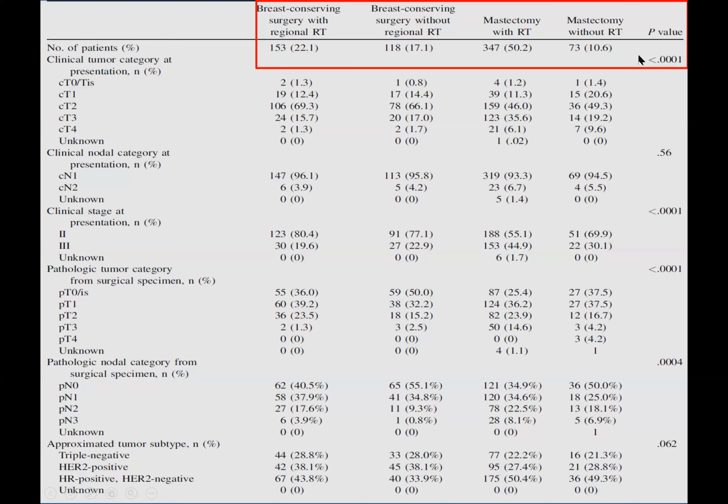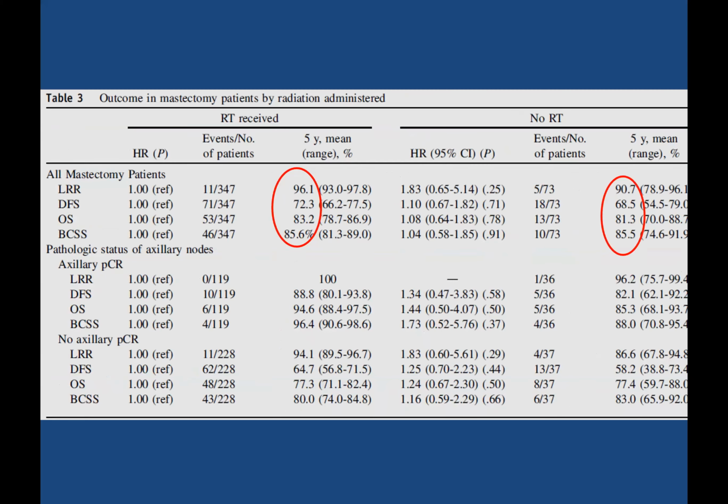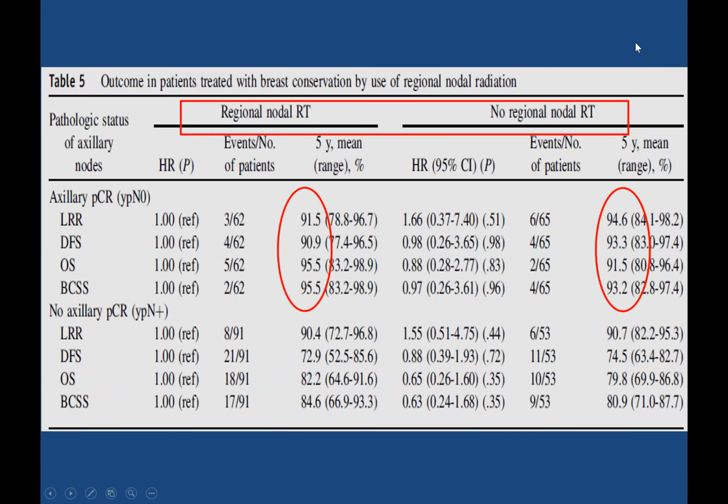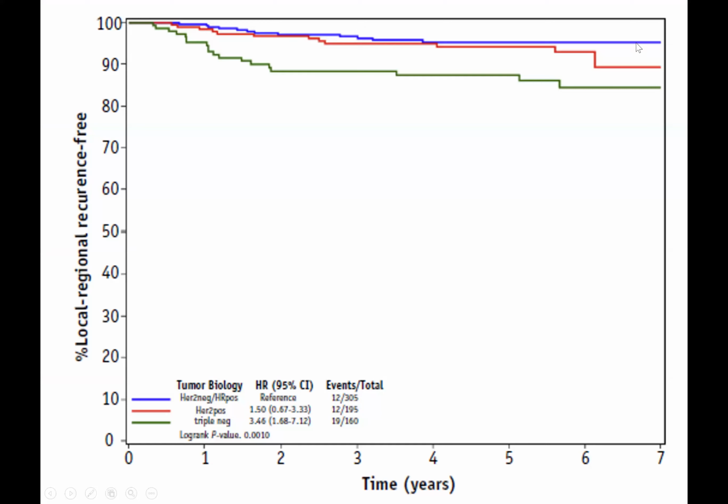But if you look into the subgroup of each of these patients, we can't clearly draw a definitive conclusion because the number of patients included in the subgroups is very low. But what we can see is that radiotherapy has clearly shown a reduction in loco-regional relapse without any added overall survival benefit, and that remains the same for the regional nodal irradiation aspect also.